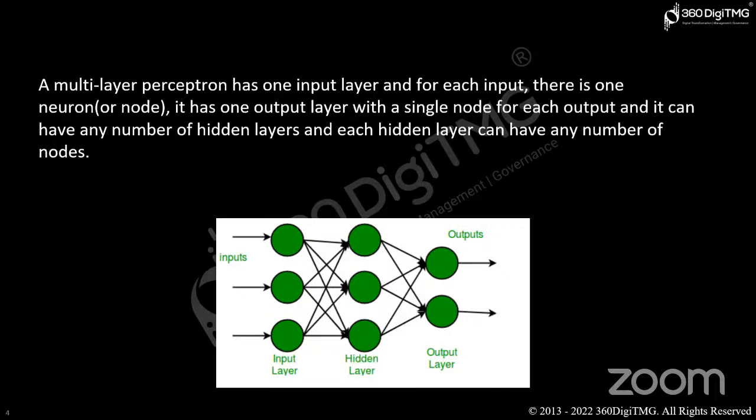After passing one data point, based on the error, back propagation will retrain it. As the number of epochs increases, the weights will be adjusted, and finally we can get accurate results. In this way, the multi-layer perceptron will work.